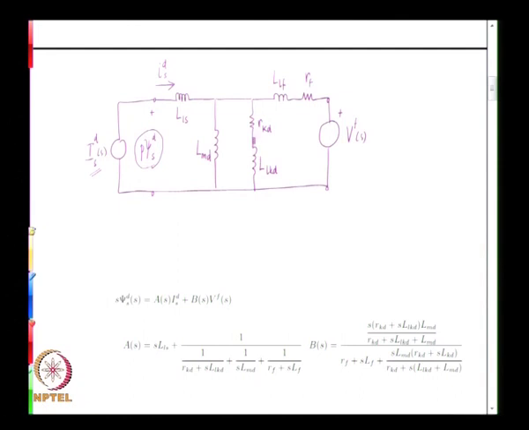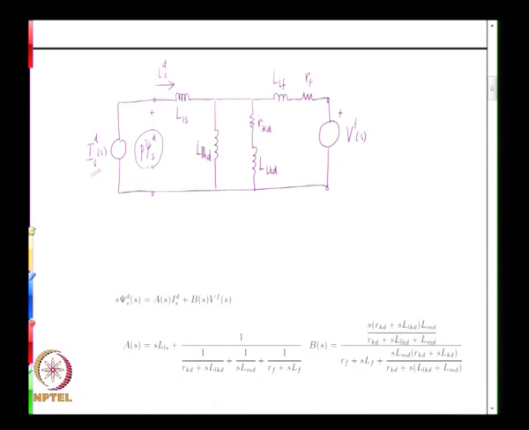Therefore this B of S is, the numerator is this total impedance, which is a parallel combination of these 2. So S times LMD multiplied by RKD plus SLKD divided by the sum of these 2 impedances, RKD plus SLKD plus LMD.